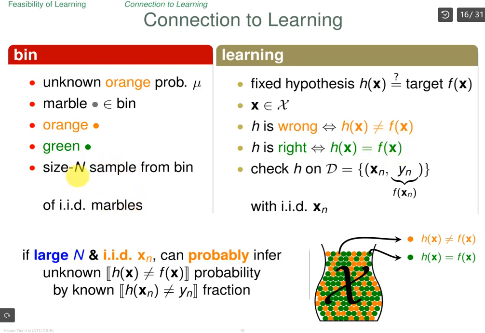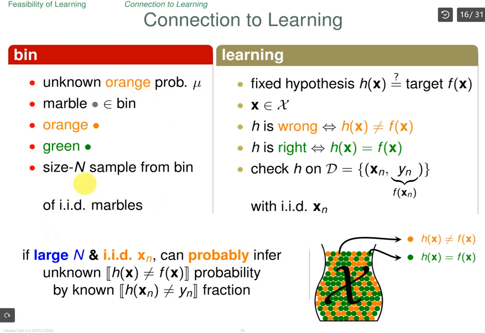Sampling n marbles from the bin according to the IID assumption is equivalent to checking the fixed hypothesis on all training examples, with the assumption that the data is identically independently distributed. So this is what IID stands for.